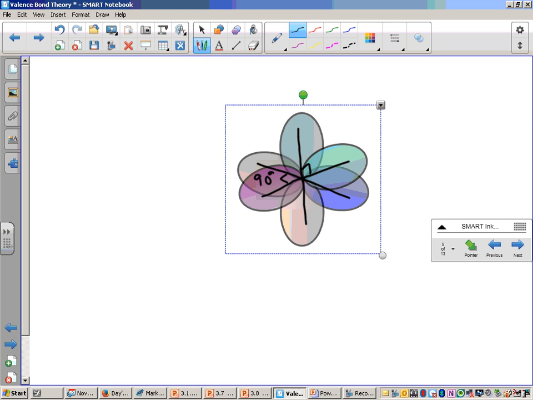Again, I'm attempting to put a little perspective on that 90 degrees. They're all 90 degrees. So we really don't have to worry, like with the trigonal bipyramid, all right? There's a difference between the equator and the poles, and we'll see that when it comes to naming the shapes later on.